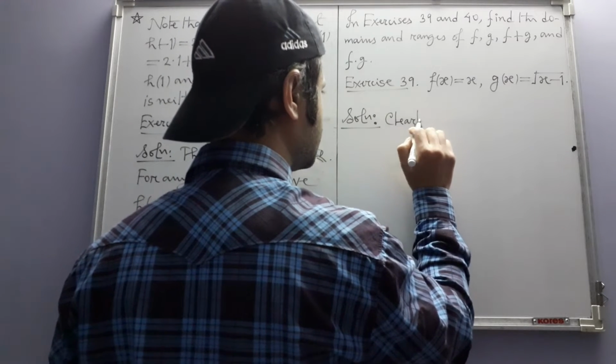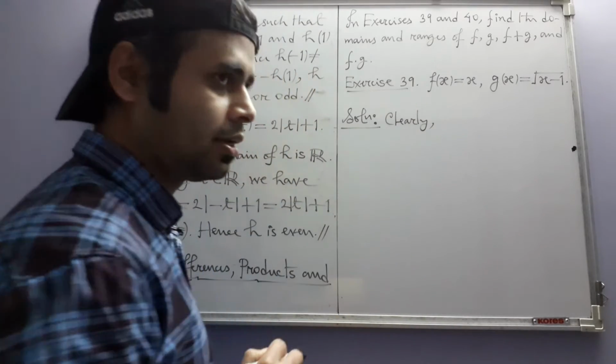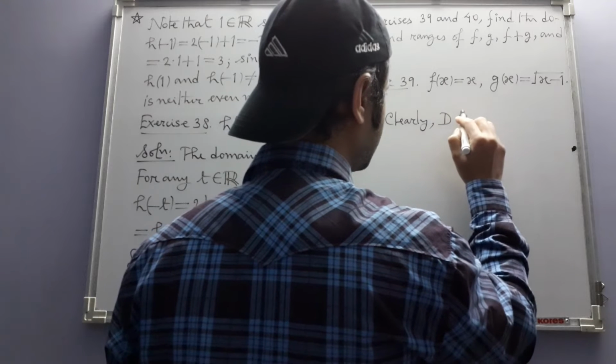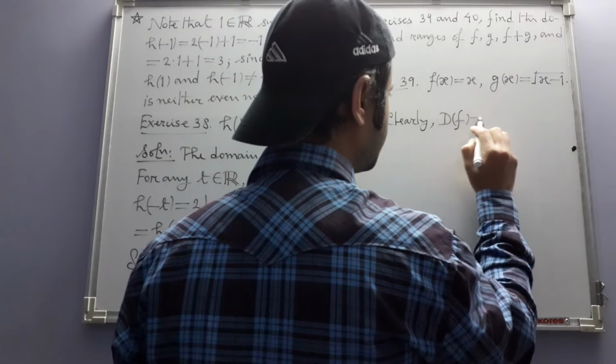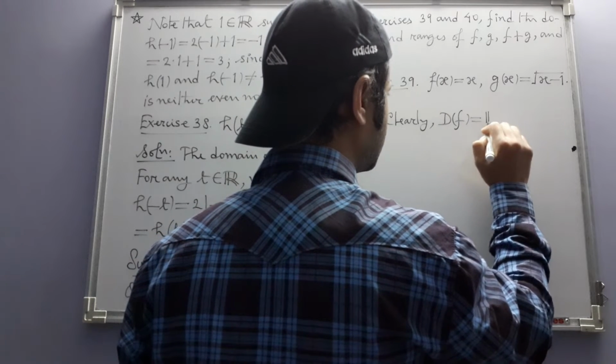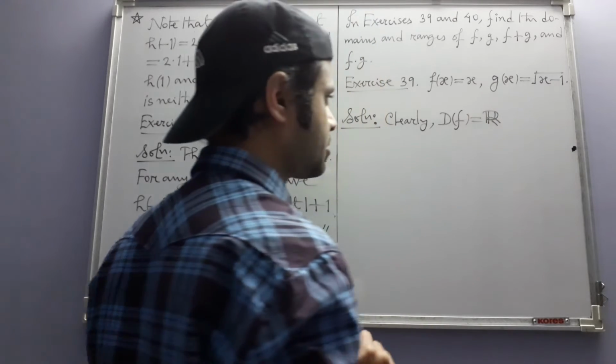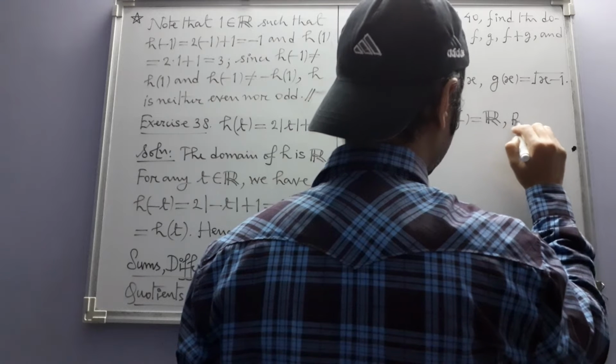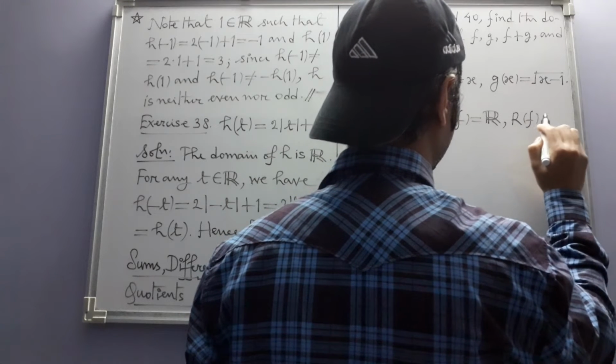There are some things which we can immediately say. For example, the domain of f, of course, is the entire set of real numbers. The range of f is also the entire set of real numbers.